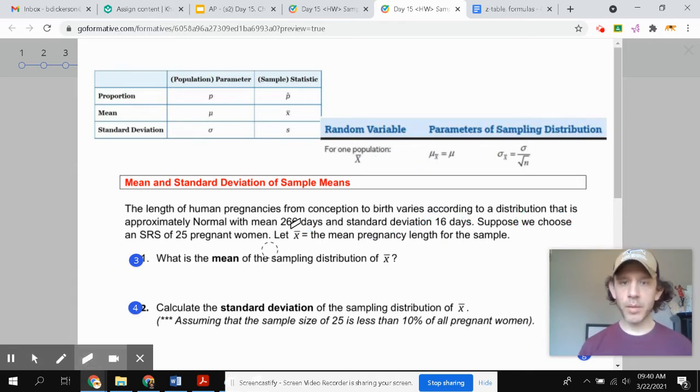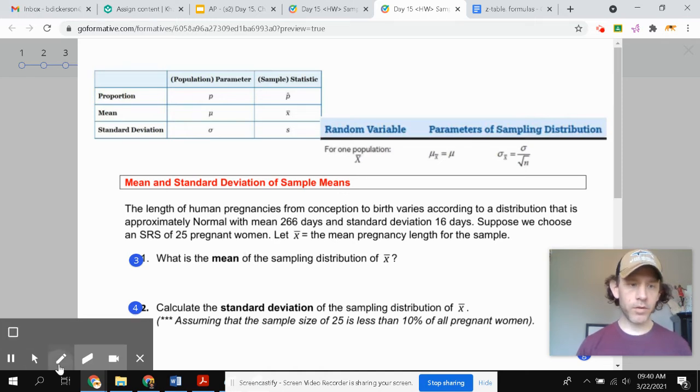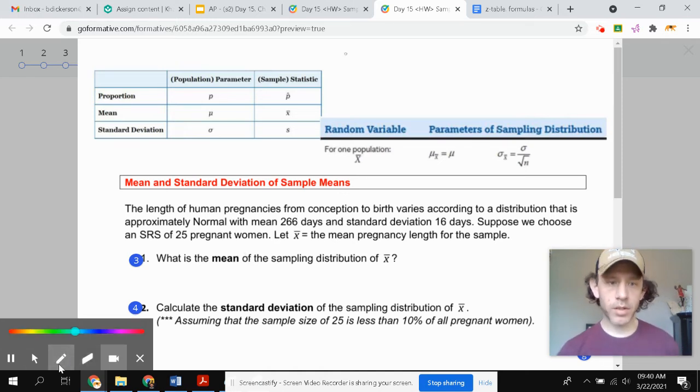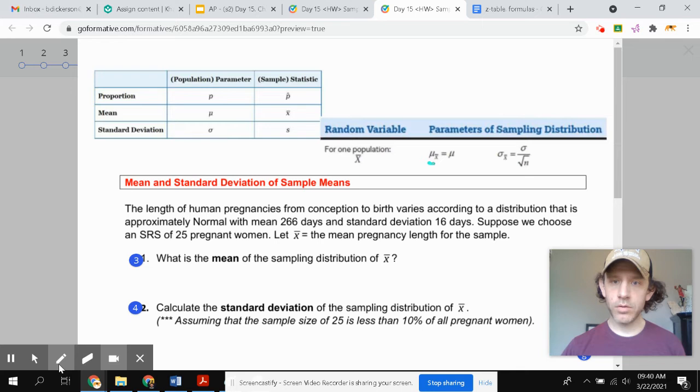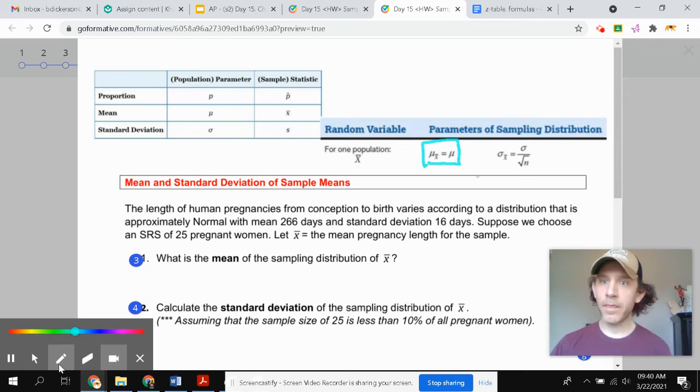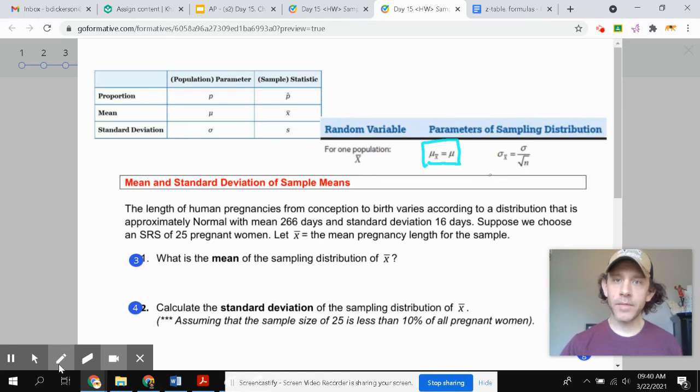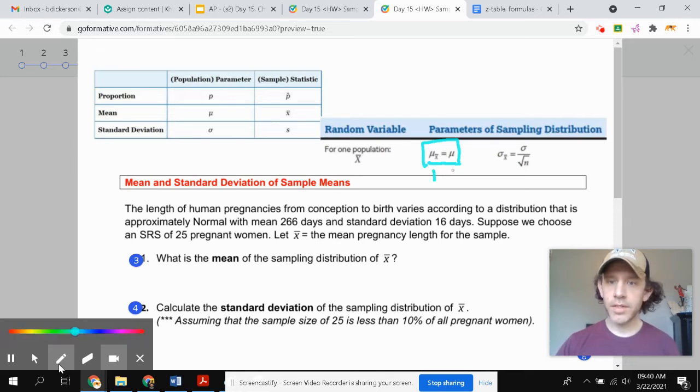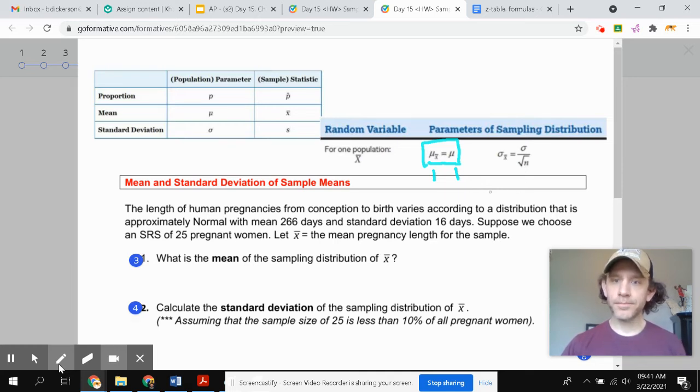And we're going to remember that the center of our sampling distribution, when it's talking about means, is going to be the mean of our population. Thinking about unbiased estimators that we did a while ago, the center of our sampling distribution should line up with the mean of our population.